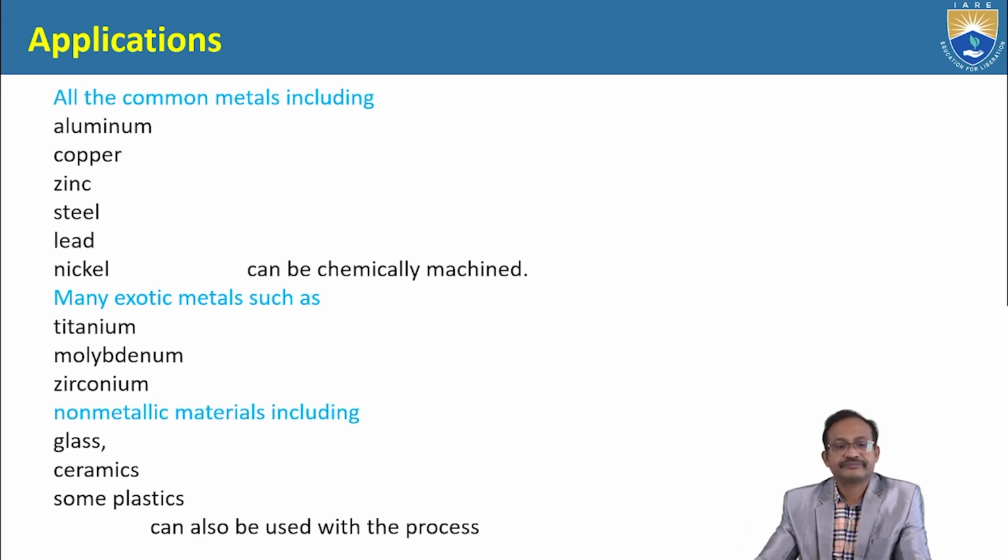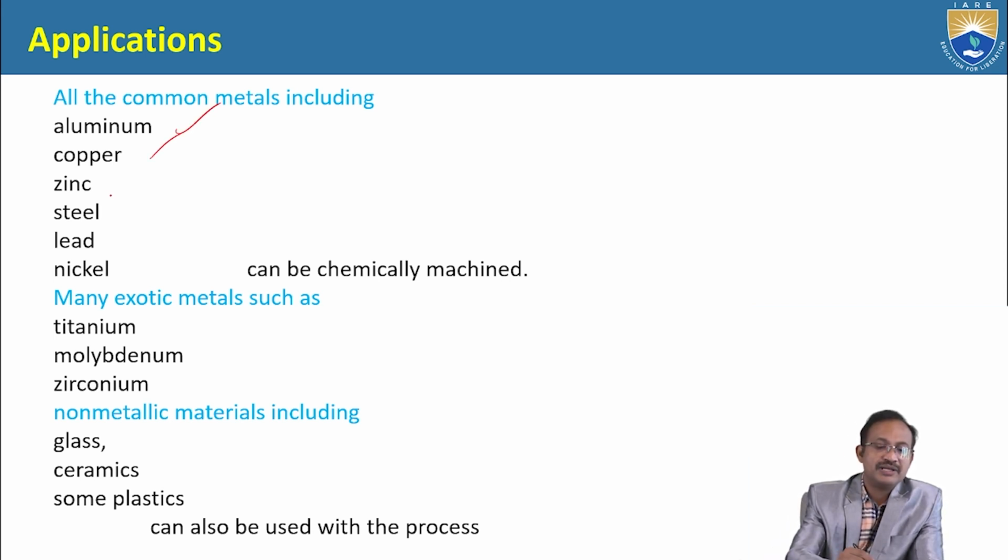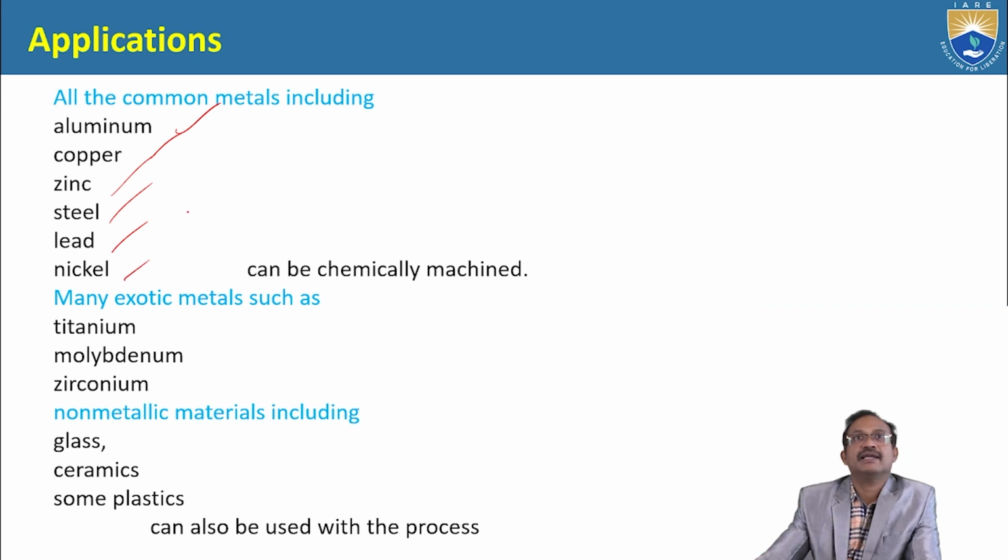So these are the applications. All the common metals, including aluminum, copper, zinc, steel, lead, and nickel, can be chemically machined.